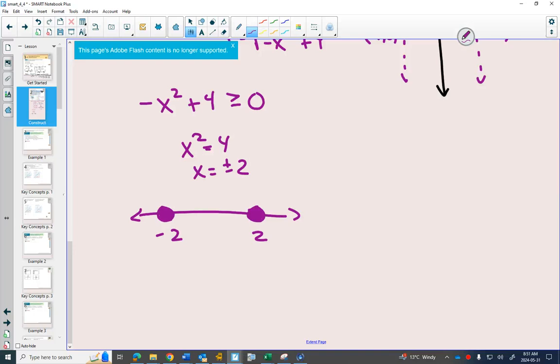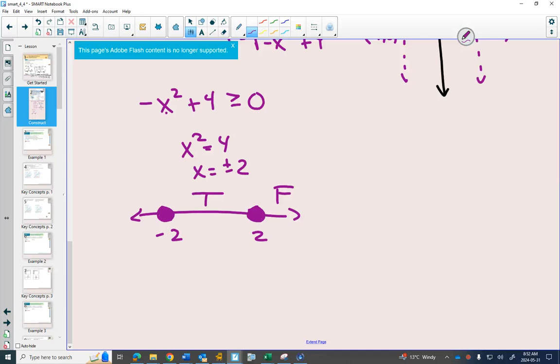Next, if you plugged in 0, is 4 greater than or equal to 0? This is true. If you plug in 3, 3 squared is 9. It's not negative 3 squared. Order of operations says only the x is squared, and then you multiply by a negative. So 3 squared is 9, times a negative is negative 9, plus 4 is negative 5. This is false.